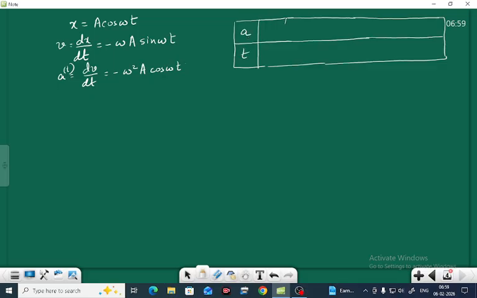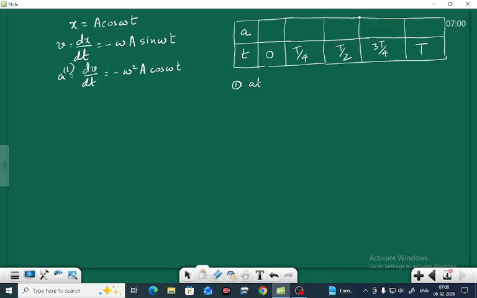We'll get 5 values: 1, 2, 3, 4 and 5. We're going to find for 5 points: t equal to 0, t equal to T by 4, t equal to T by 2, t equal to 3T by 4, and the last one at point T.